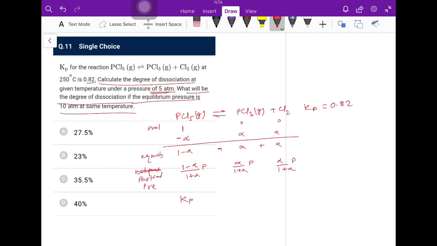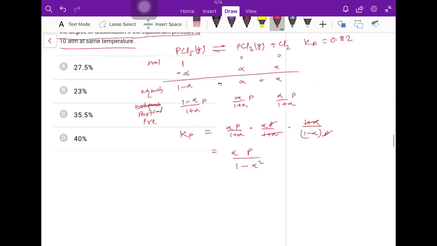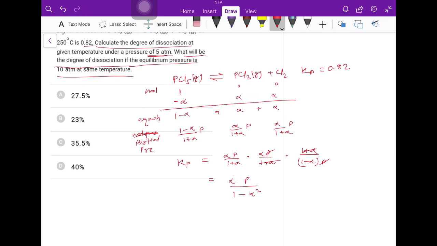Now Kp we can calculate. Kp is equal to alpha P upon (1 plus alpha) into alpha P upon (1 plus alpha) into (1 plus alpha) upon (1 minus alpha) times P. So 1 plus alpha gets cancelled out, and we are left with alpha square P upon (1 minus alpha square). So Kp by P is equal to alpha square upon (1 minus alpha square).